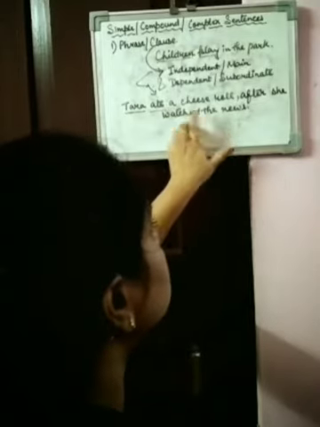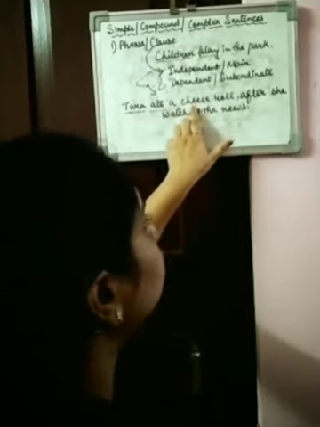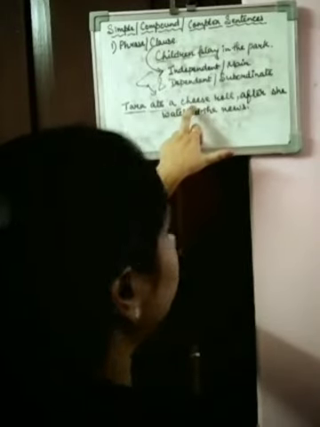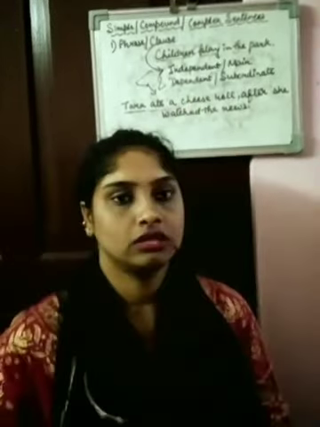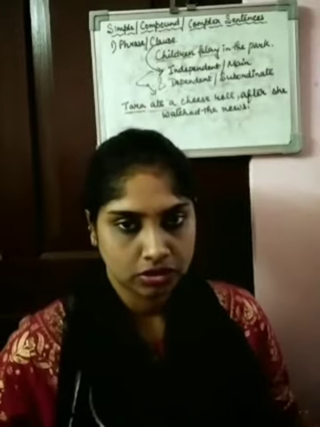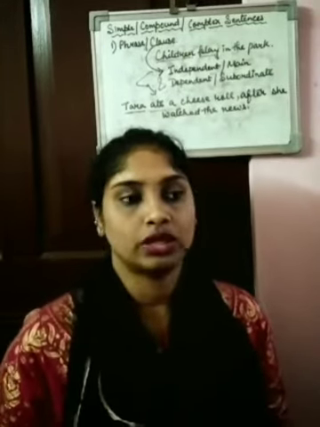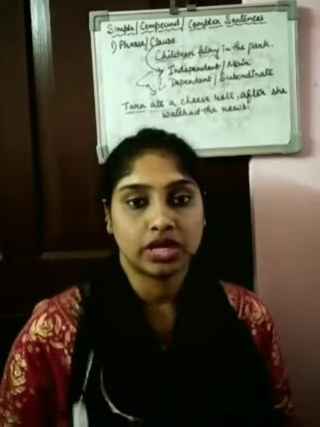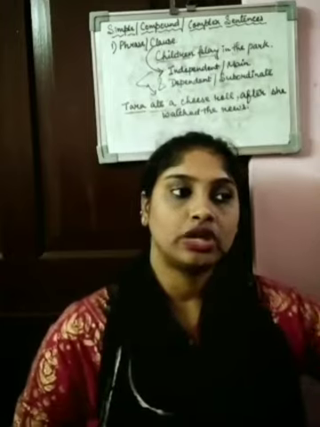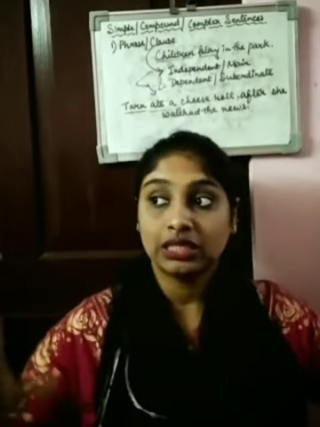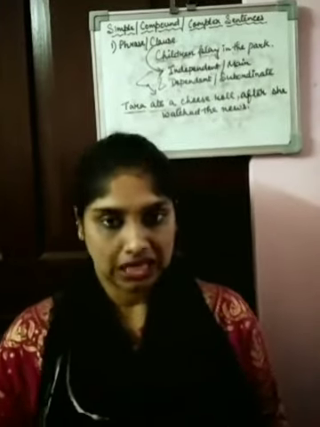Now this clause is dependent on the other part. If we don't talk about that part, then the sentence is not finished. We don't get a complete meaning. That is all I'm trying to say. A dependent clause means when the clause is dependent on an independent clause for the completion of its meaning.